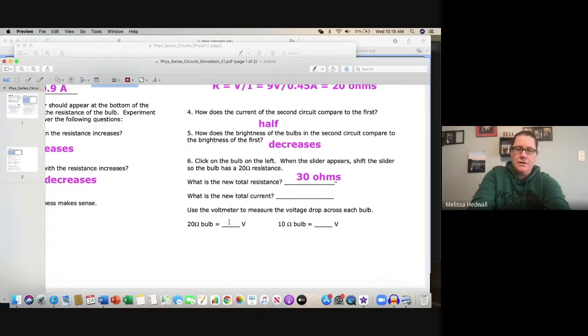So you can put these here. I can say that I have a 6 volt drop, and a 3 volt drop. And the new current is 0.3 amps.